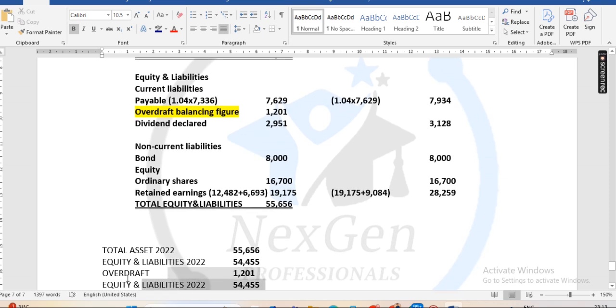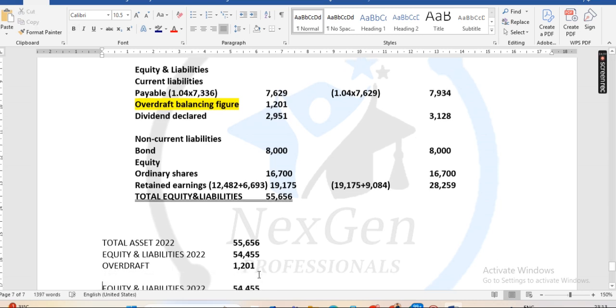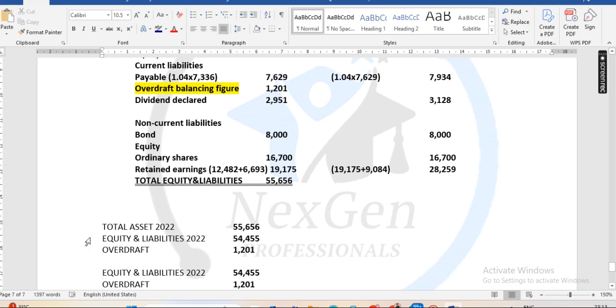The total asset for 2022 minus total equity and liability. That is when you have the balancing figure. So why do you have it like that? It is because total asset is higher. You have an overdraft. Where did they get money to finance the business if it is not an overdraft? Class, do you get?